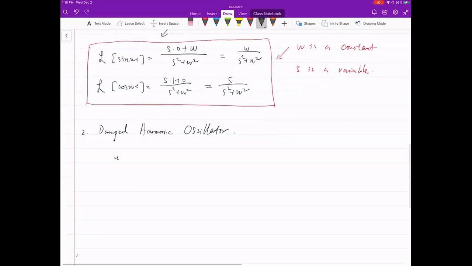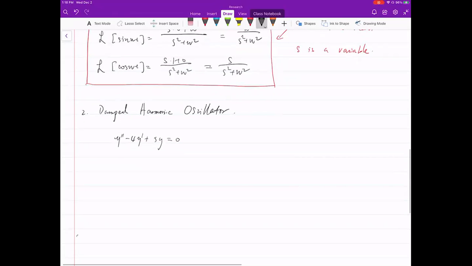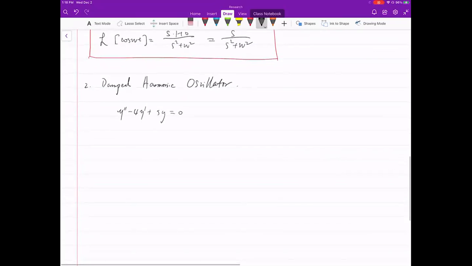Let's take an example: y prime prime minus 4 y prime plus 5y equals 0. I will skip the details, but roughly this is what we do. We have the eigenfunction, we solve for lambda.